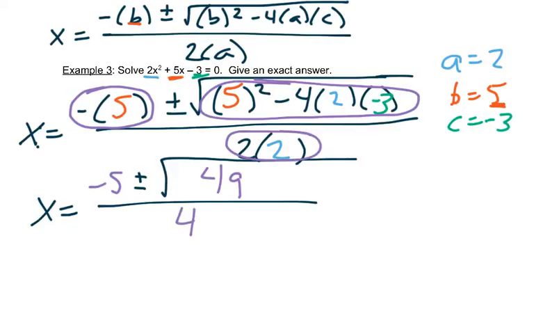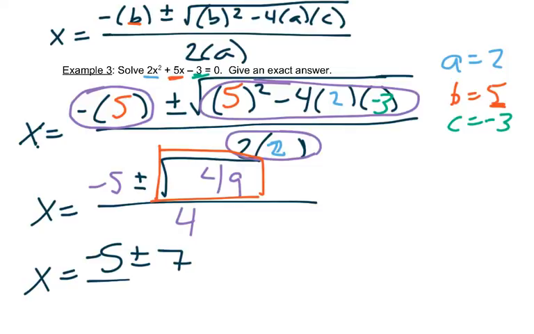Okay, so that already looks a lot shorter than it did before, right? So next we'll do the square root of 49. The square root of 49 is 7. And once we take the square root, we don't write the symbol any longer because we've done it. And now this actually gives us two answers.